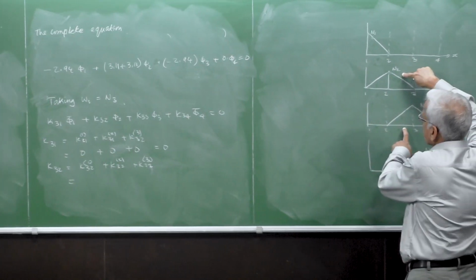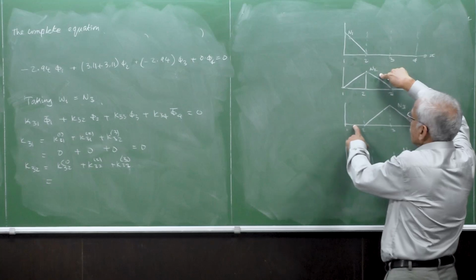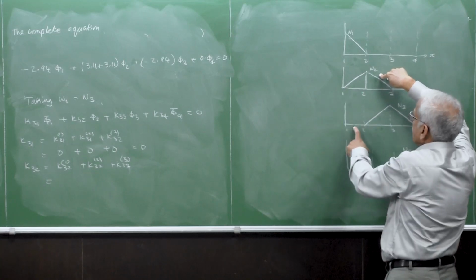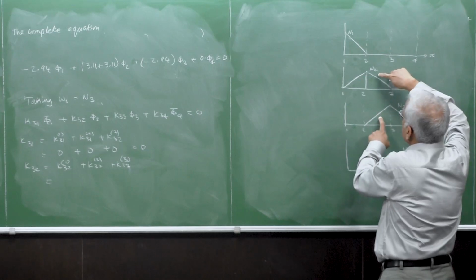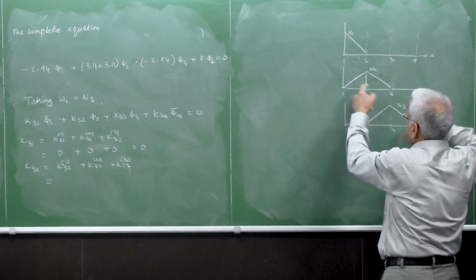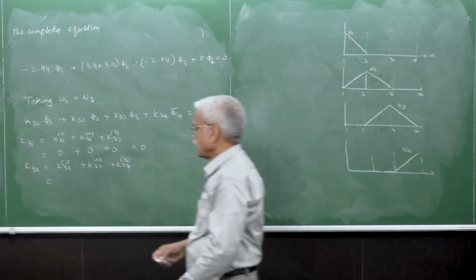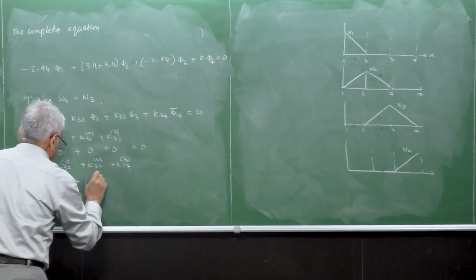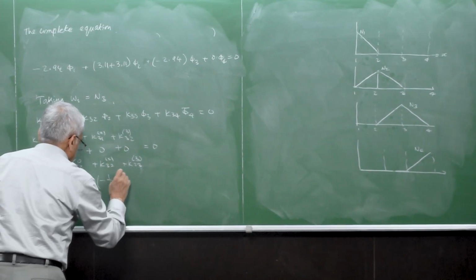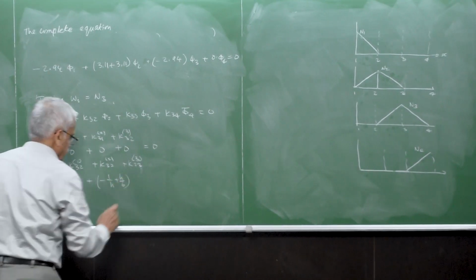N3 and N2. So here element 1, it is 0, right? This is 0. Element 2, you have N3 and N2 are non-zero. So that contribution would come. So it is minus 1 by H plus H by 6.